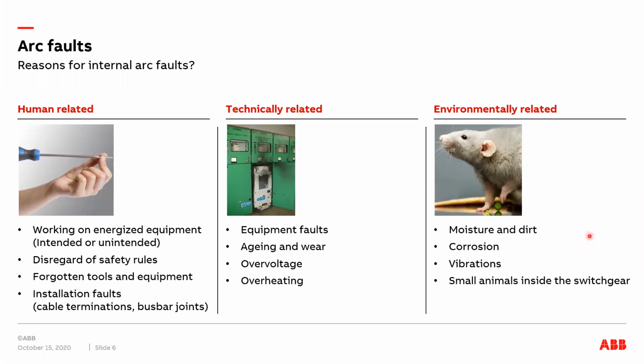If we go to environmentally related reasons, moisture and dirt cause a reduction in the creepage distances and poorer connections, which can cause arc faults. Also corrosion, vibrations that loosen joints and bolts, and animals getting into the switchgear or switchgear room and causing short circuits with their bodies, or by damaging isolation and cabling, control cabling, etc.